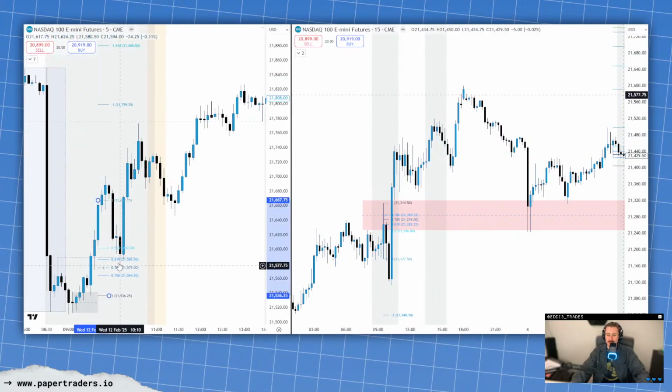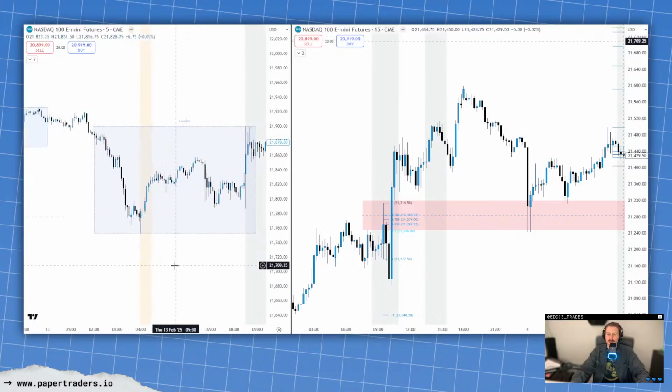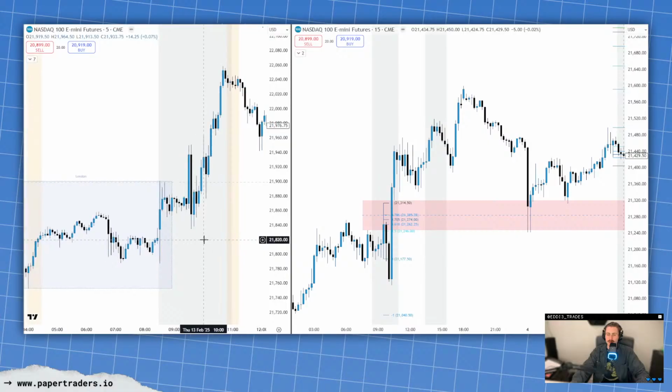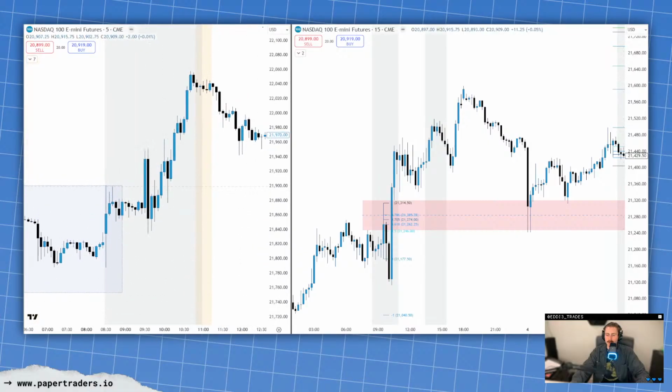Those are 9:15. 1618. 10 o'clock. Continue up. Retrace and continue up. London takes bottom. Asian left right there. So 9:30 candle. 9:45.